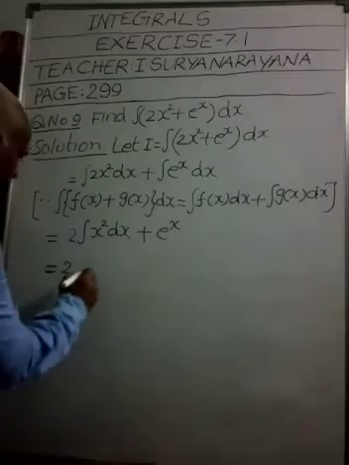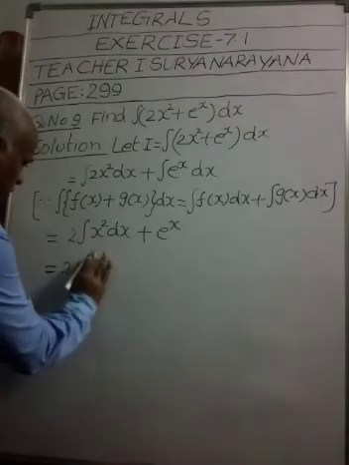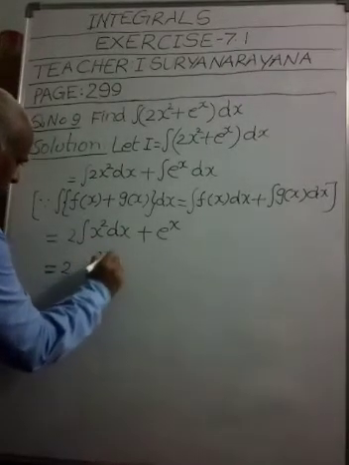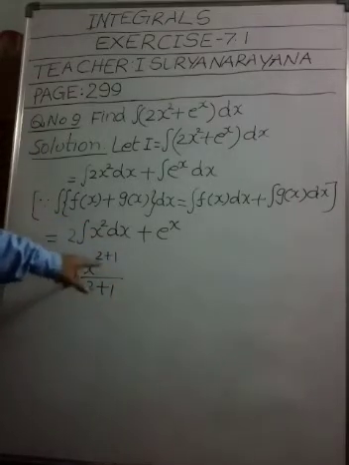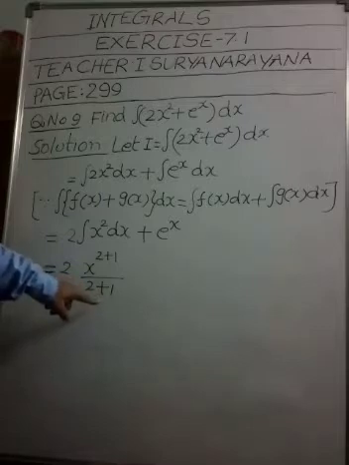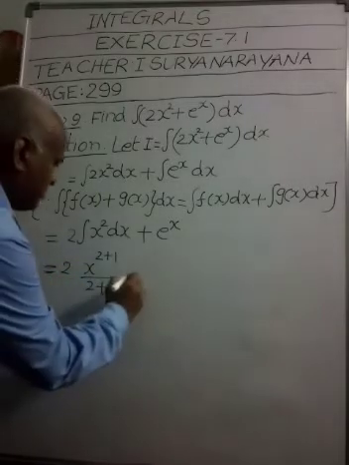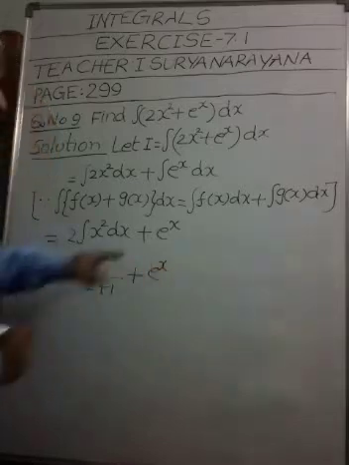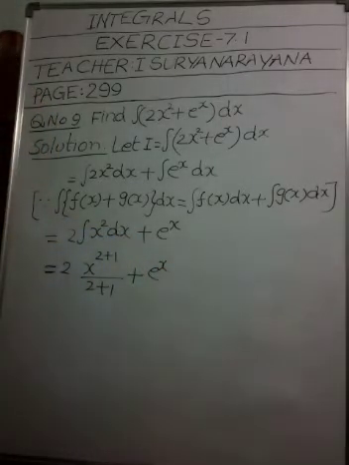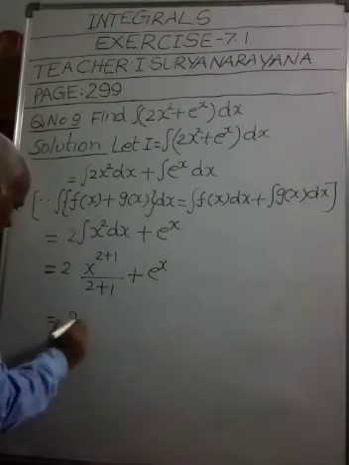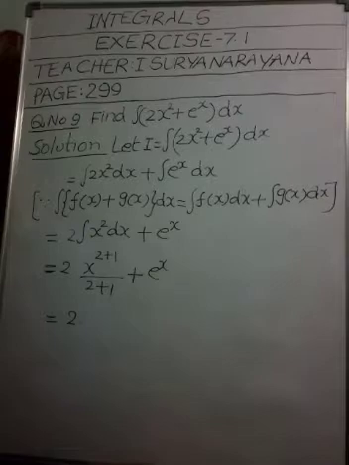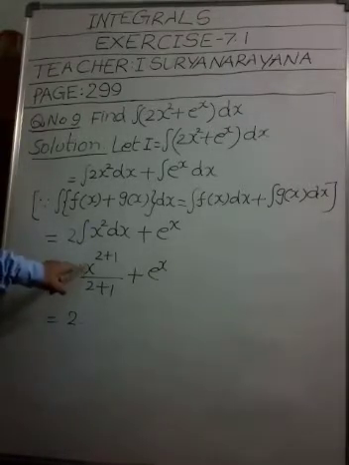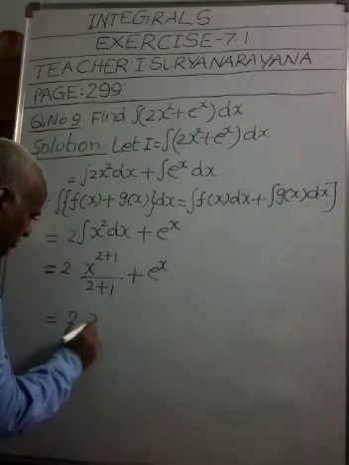So 2 into x power 2 plus 1 by 2 plus 1. Understood this first term, my children? Plus, we write the second term as it is. Understood, my children? This is equal to, integration part is over. We have to simplify the terms. So 2 into, what will you get here? X power 3. So x cube.